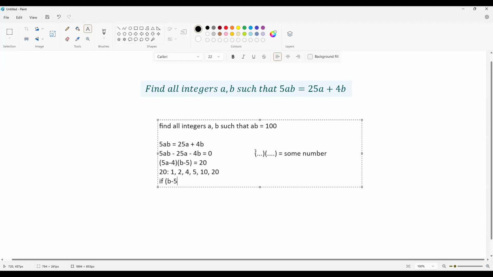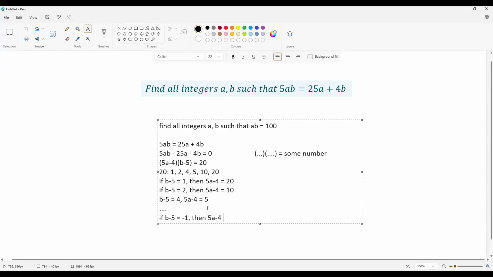If b minus 5 equals 1, then 5a minus 4 is equal to 20. If b minus 5 equals 2, then 5a minus 4 equals 10, b minus 5 equals 4, 5a minus 4 is equal to 5, and so on. And then, of course, we also have to check the negatives as well.